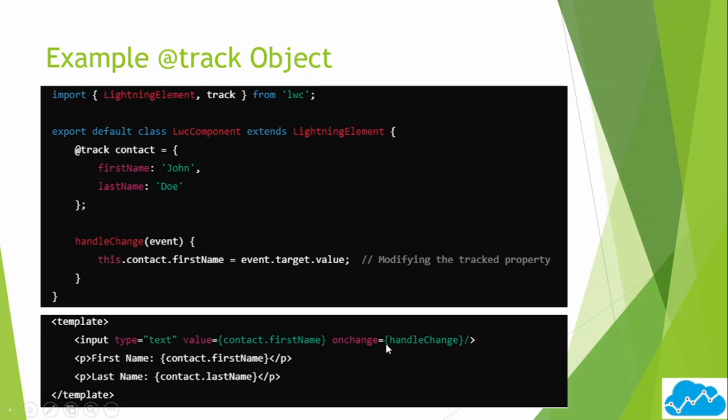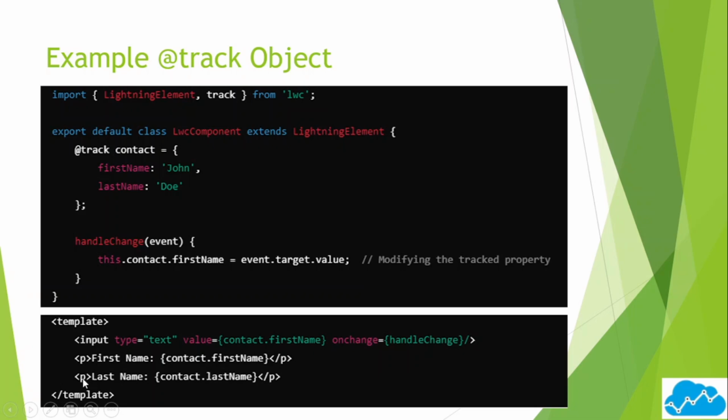So as soon as someone puts any value in this text box, this calls the handleChange event, and it captures the value event.target.value. It is going to display the value here in the paragraph tag, first name, contact.firstName, we are binding here.